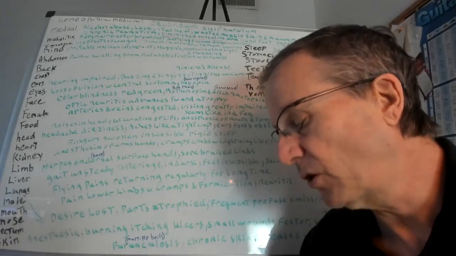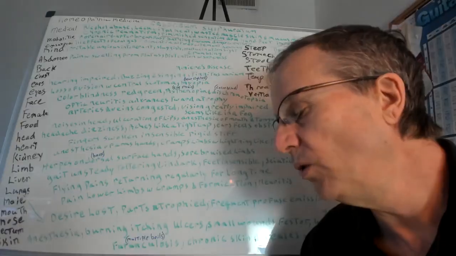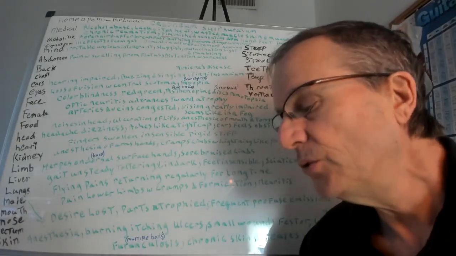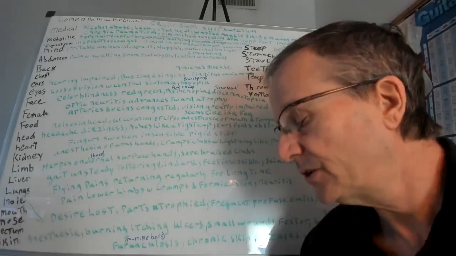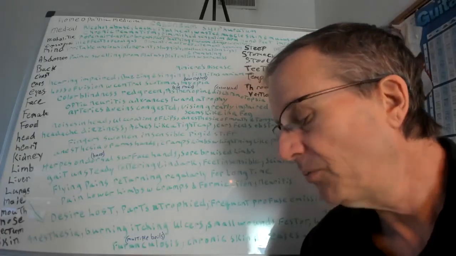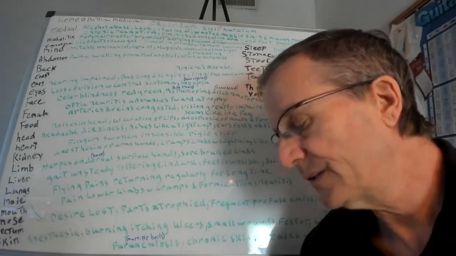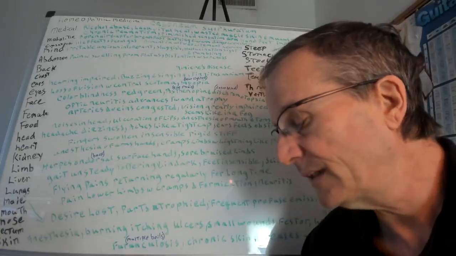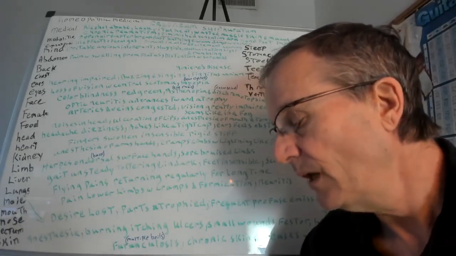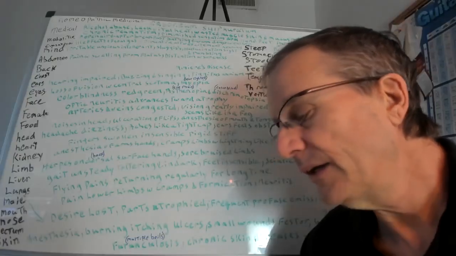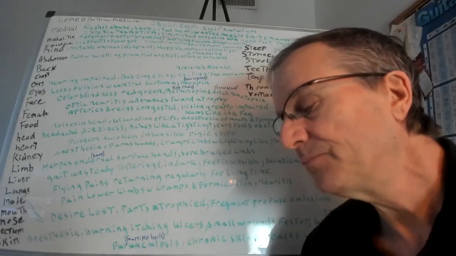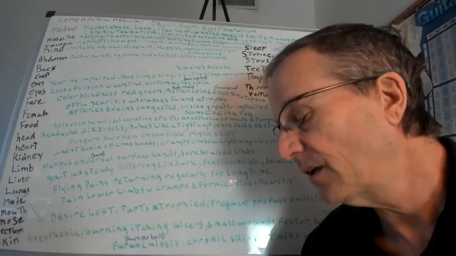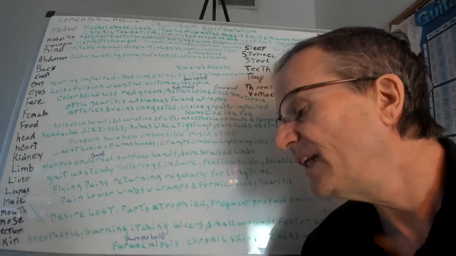And then it went from carbo-veg to carbolic acid, carbon tetrachloride, carbonium, and then carbonium hydrogen, carbonium oxygen, and today is carbonium sulphuratum.